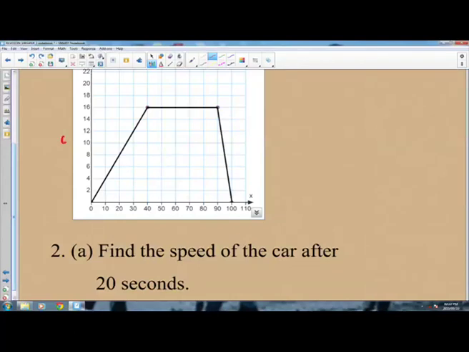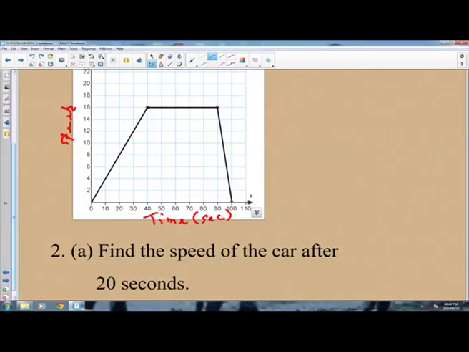This side should be speed. And then the bottom part here is supposed to be time in seconds. Then the question says find the speed of the car after 20 seconds. We'll just go to 20 seconds. 20 seconds is here, and then we go up. When we meet the line, we go horizontally to the y-axis.